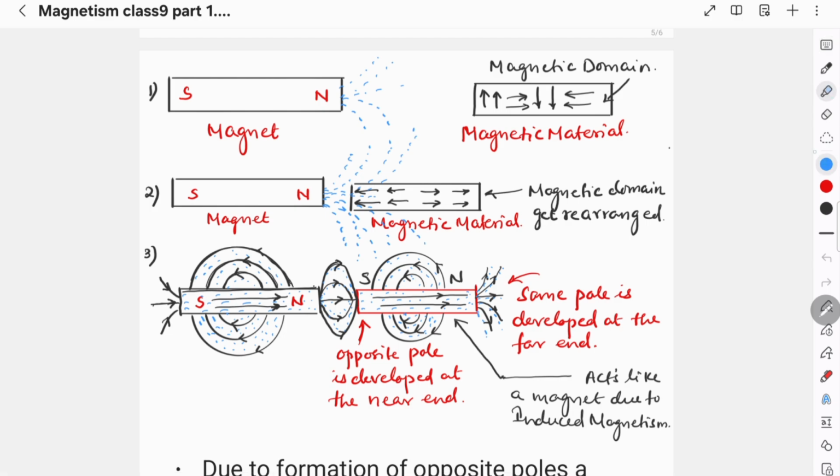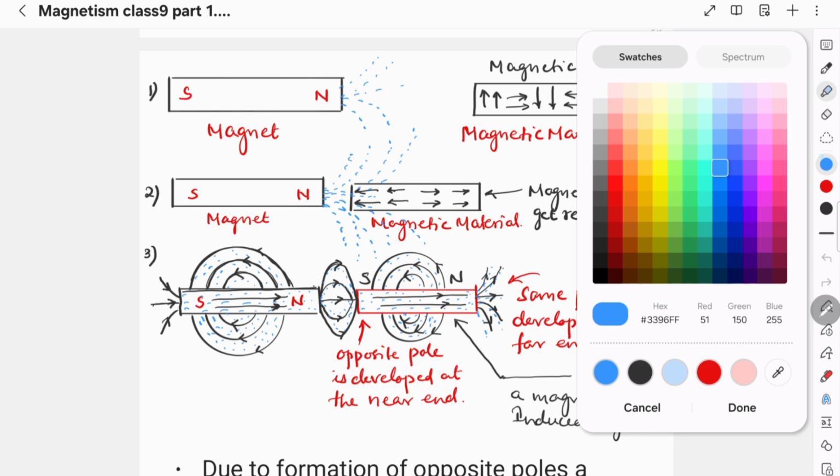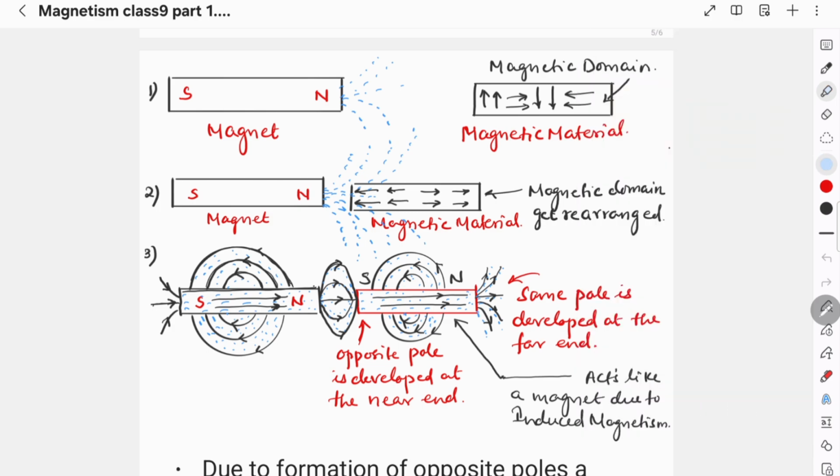They are rearranging due to the effect of this magnet here. So initially they were like this. Now due to the effect of this magnetic field, they are arranging themselves as per the force of this magnetic field acting on them.